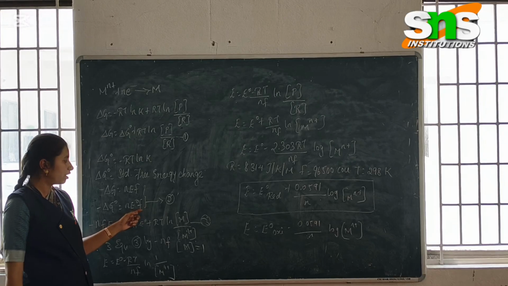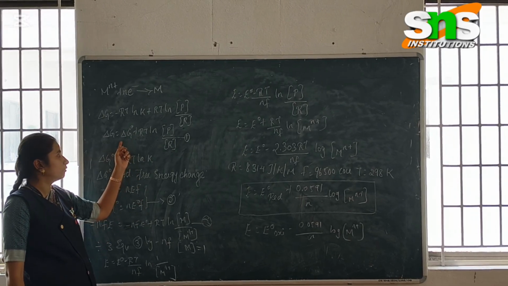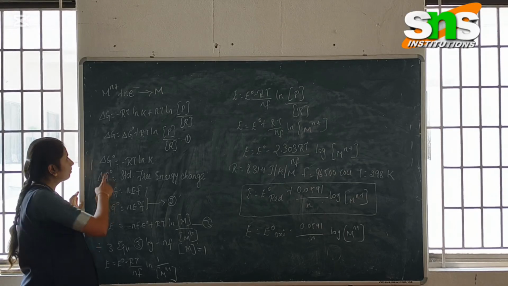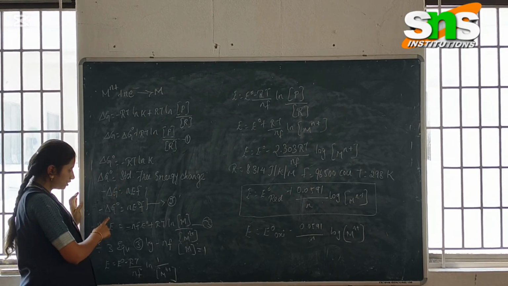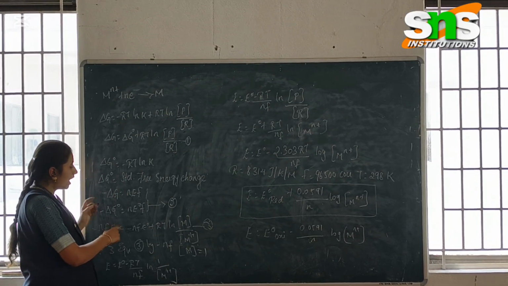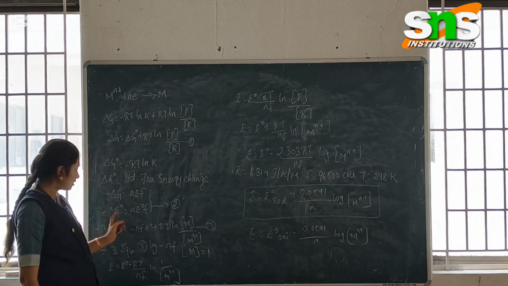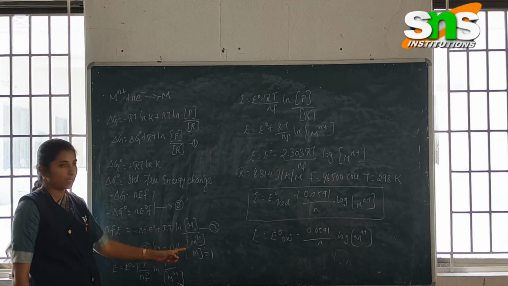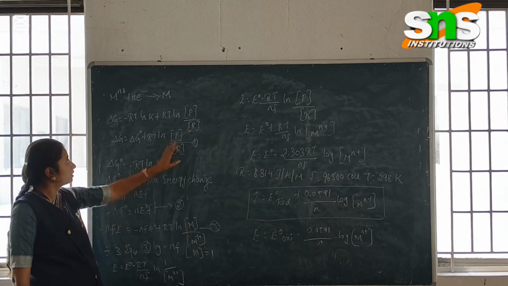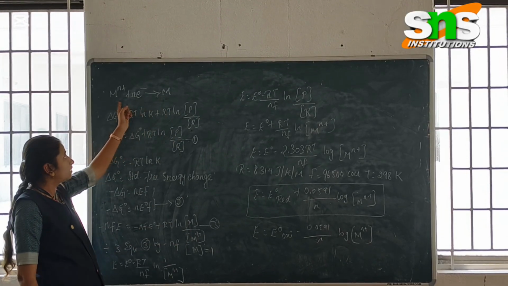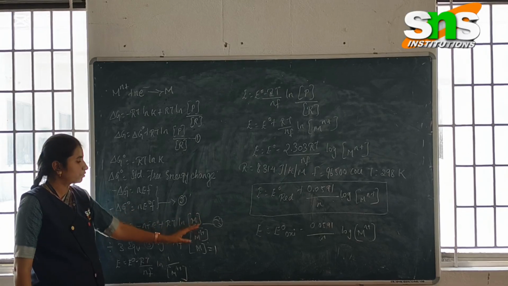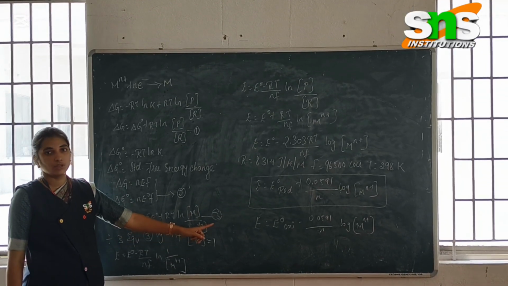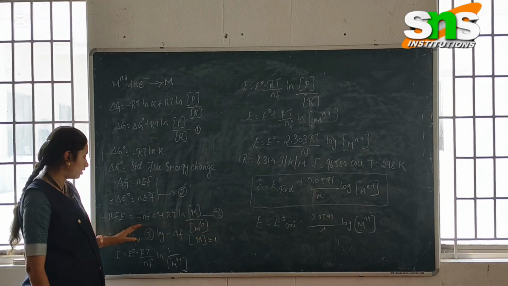Substituting equation 2 in equation 1, we get minus del G equals nFE, and del G naught is minus nE naught F, plus RT ln product by reactant. The product by reactant is M by Mn+, so we substitute ln M by Mn+. We can consider this equation number 3 as the final equation.